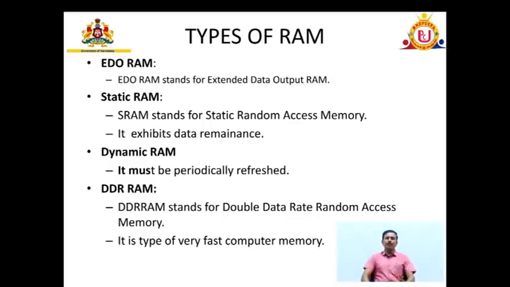Such a type of random access memory is called static RAM. Static RAM will hold the information until you shut down or power failure. Whereas in dynamic RAM, it will get refreshed periodically, within nanoseconds, split seconds.